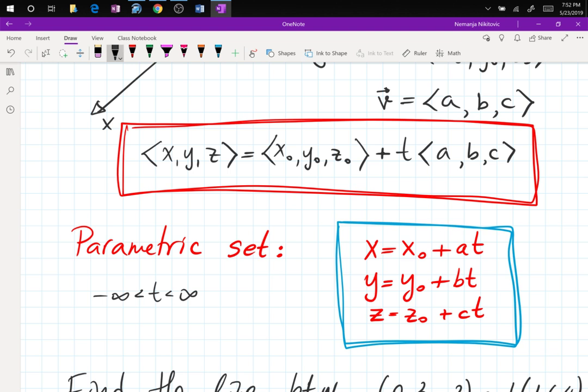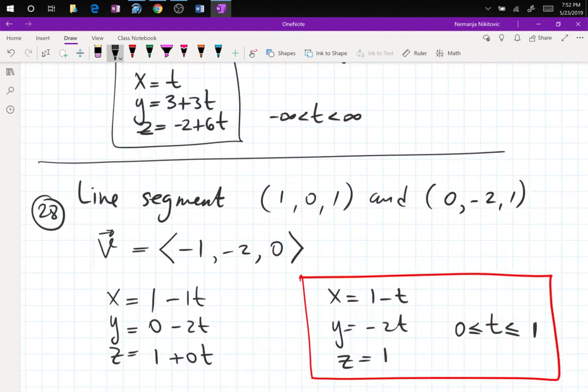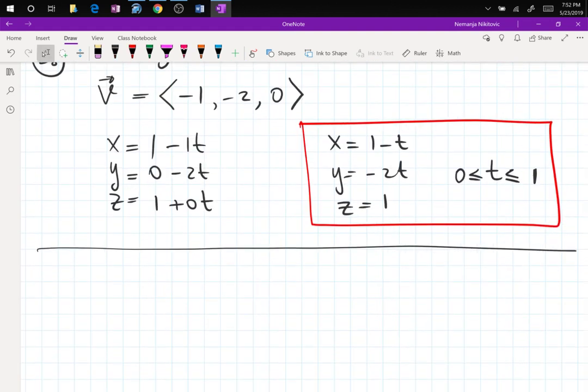So there will be a third way to present the line. And you might run into a problem where the line is given that way, so you need to know that form as well if you run into it.